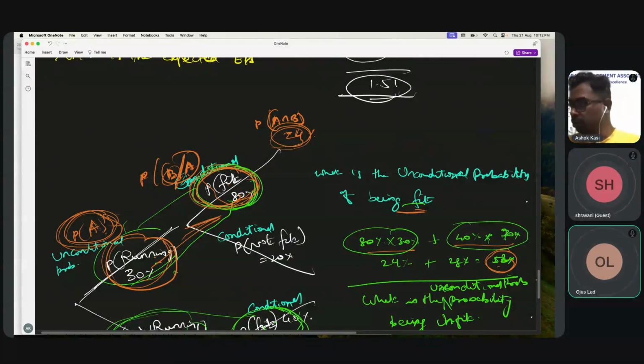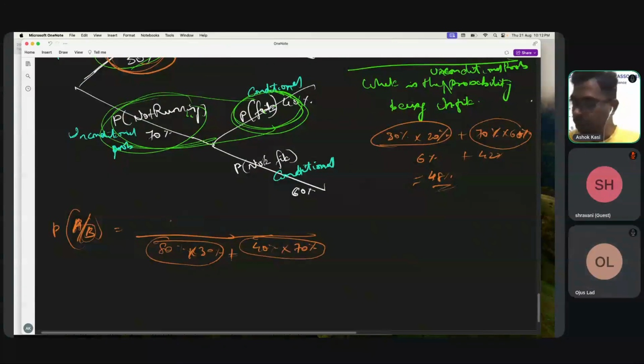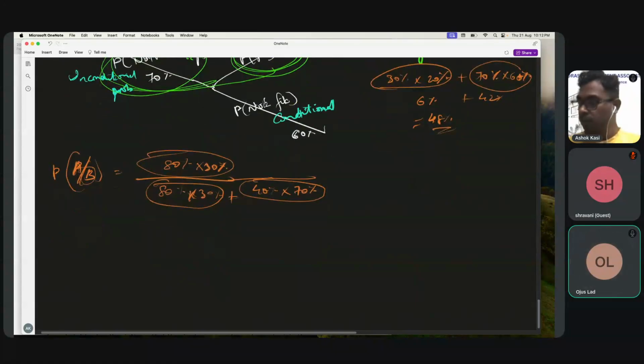That 30 and 80 will come in the numerator. You write it as 30 into 80 or 80 into 30, doesn't matter. So this is the joint probability. Now 8 3s are 24 percentage, divided by this 52 percentage. Just calculate this.